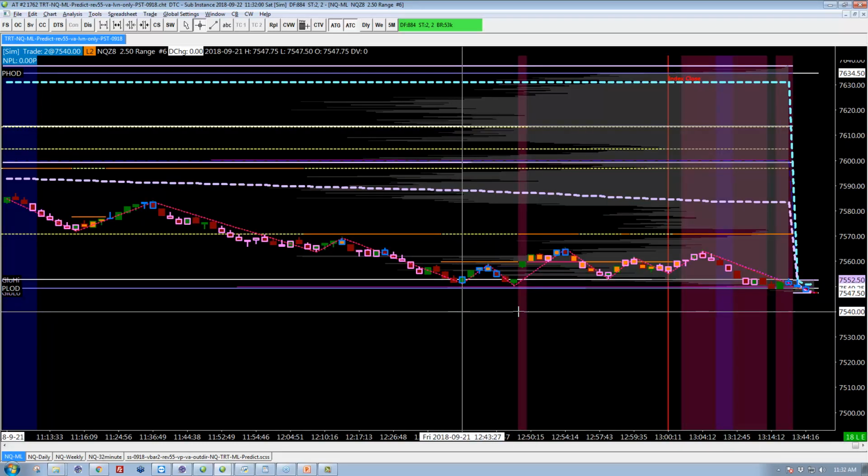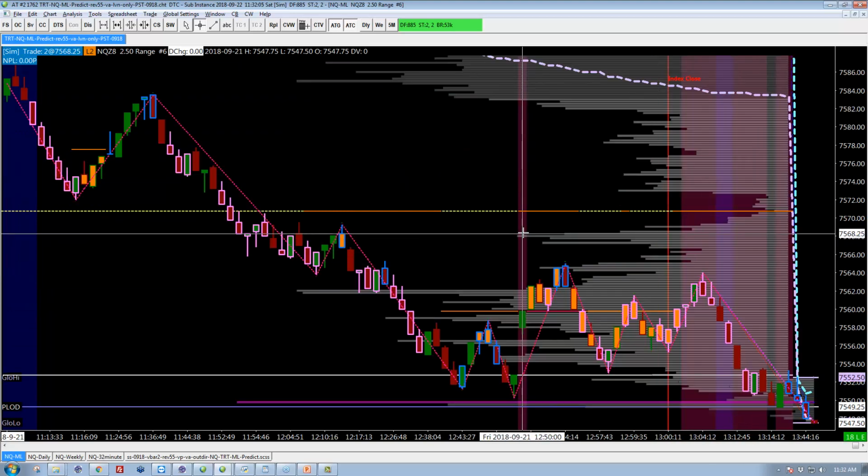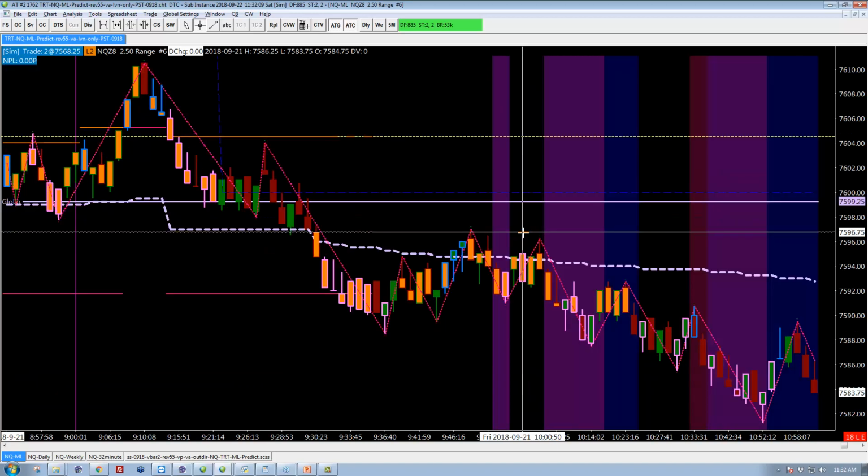Okay, so let me fix this here. What's happening now at the edge is the system is just doing the normal price patterns that we've been working with since March.